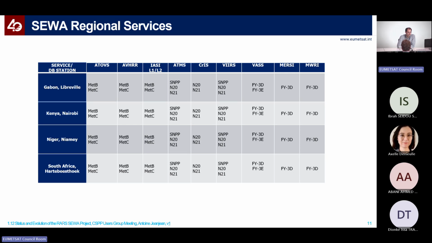And then there are the cities. We started to look at BUFR generation, and with this we need the location in terms of cities. So in Gabon it will be Libreville, in Kenya Nairobi, in Niger Niamey, and in South Africa Hartebeesthoek.